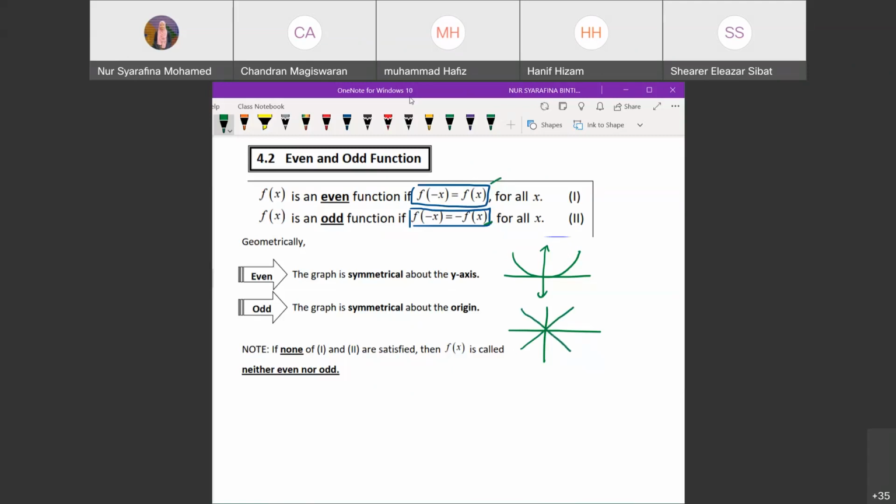All right, so this is the difference between even and odd functions graphically. If neither 1 nor 2 here is satisfied, then f(x) is called neither even nor odd. All right, so let's take a look at the example.